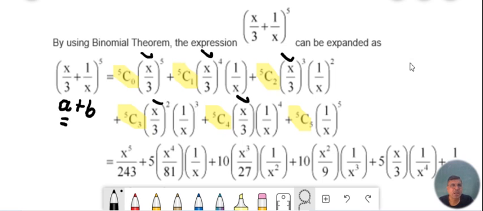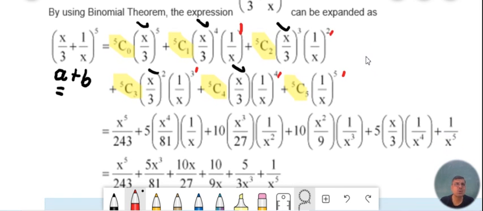And 1 upon x will start from the second term. First 1 power, then 2 power, then 3, 4, 5. Remember, I am explaining all this separately, but in the exam you may write it down at a time. This is just how to remember it.